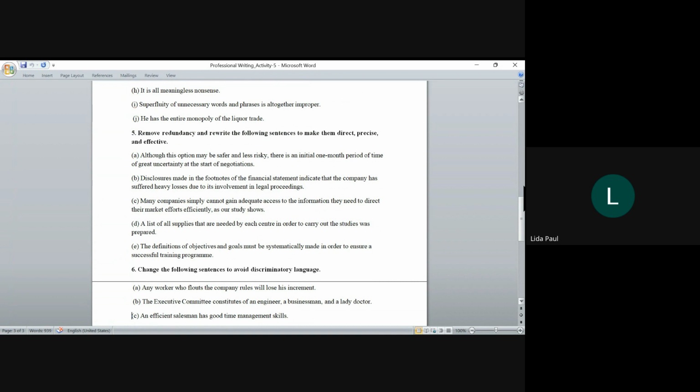One of those basically means the same thing. You can just put in one of the two. And then you again remove "in order," right? Similarly, like you did with the previous one. So "definitions of objectives" or "the definitions of goals must be systematically made to ensure a successful training program." Okay.